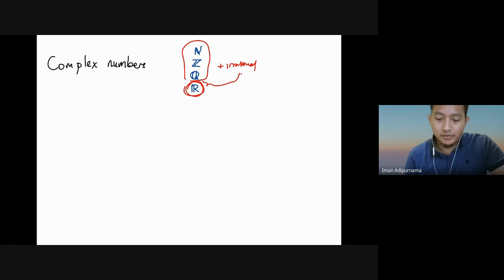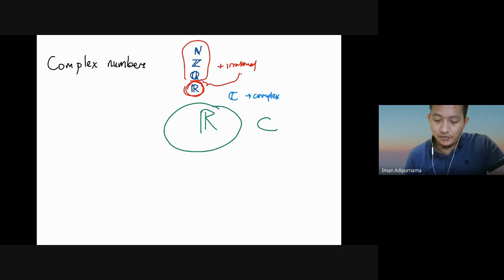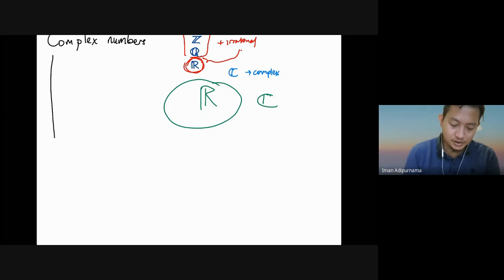But apart from what we have learned as numbers, we also have complex numbers. It's there, but it's not a real number. So if this is real, outside of real would be the complex numbers. Let's take some simple definitions.